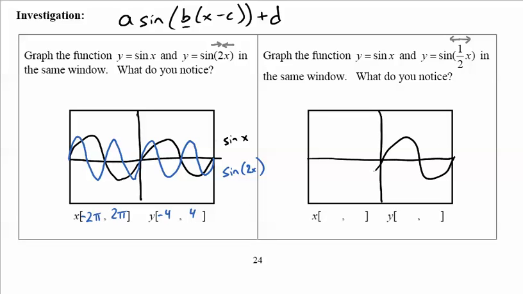I copy paste it to fill in the negative half. And my sine of a half x fits half as much of a wave. It has the same maximum and the same minimum, but a different period. So again, that's just your basic trig window from negative 2 pi to 2 pi and from negative 4 to 4.